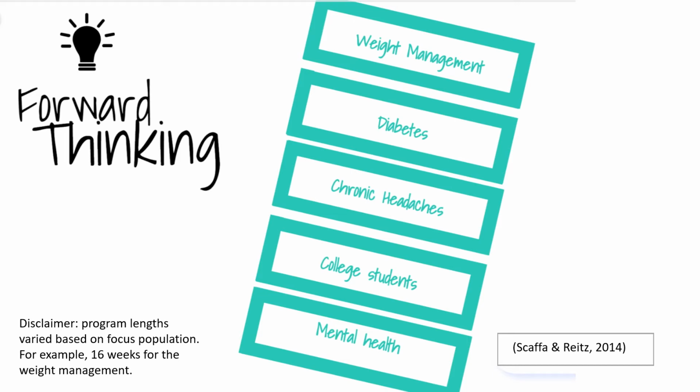So some of these programs included lifestyle redesign for weight management, diabetes, chronic headaches, college students, and mental health. And the core of each of these programs, again, was to change small habits to have a whole lifestyle redesign. Each of the topics that they addressed are very prevalent in our community, and each have a critical effect on our population and therefore needed to be addressed.